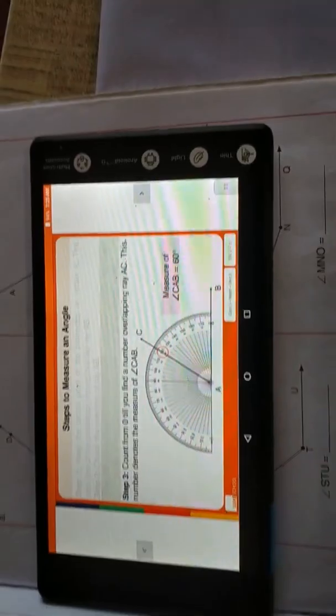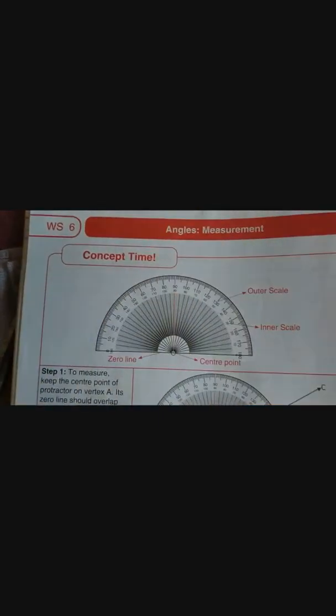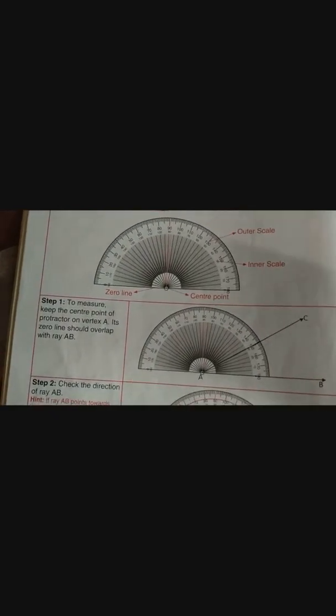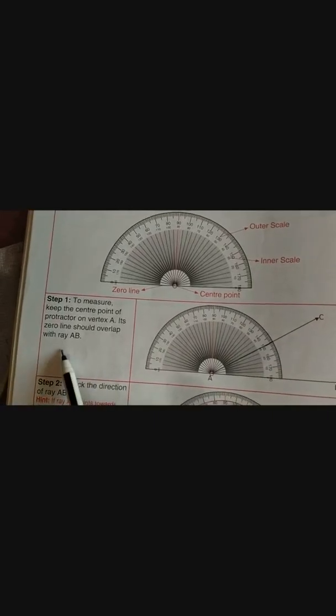Worksheet number 6, angle measurement. In a protractor, I already explained that the 0 line, center point, inner scale and outer scale are there. To measure, keep the center point of the protractor on vertex A, and the 0 line should overlap with the ray.